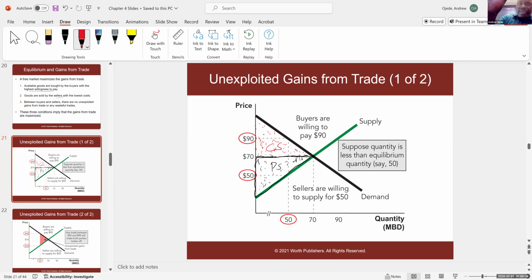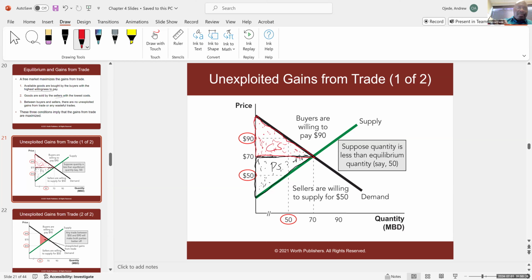So this triangle here represents your consumer surplus, the one I'm marking red. And the one down here is your producer surplus. So what I'm saying is that when the market is in equilibrium, the total consumer surplus and producer surplus is maximized. When markets are not in equilibrium, it results in some kind of deadweight cost, some wasted resources.